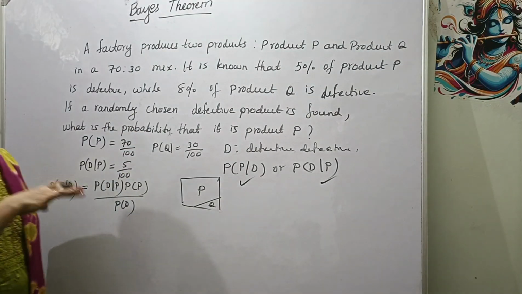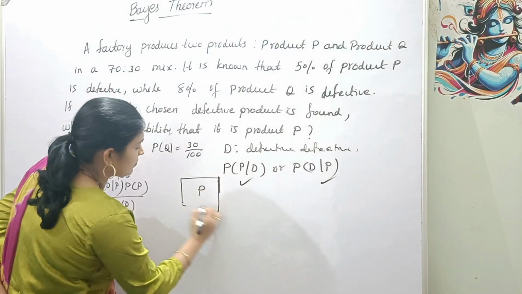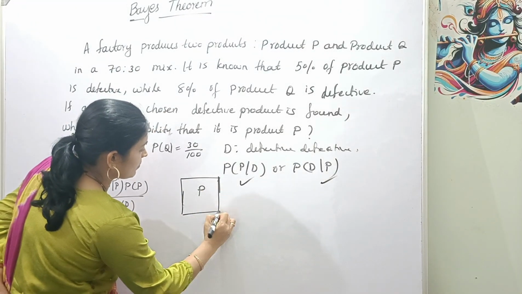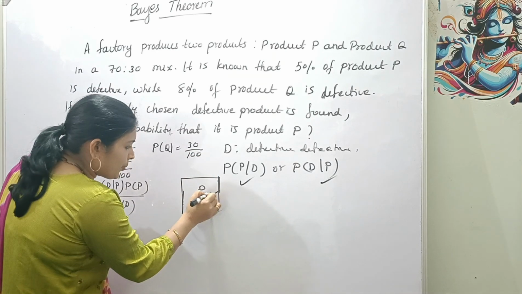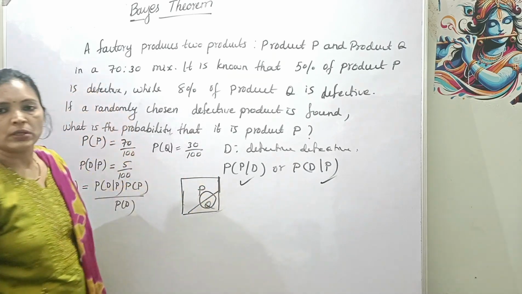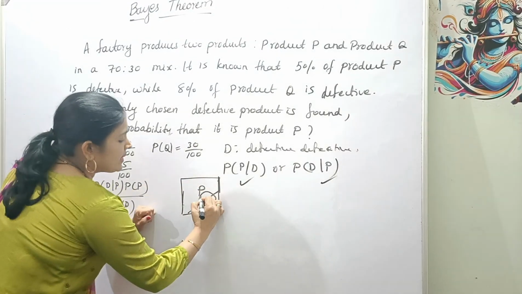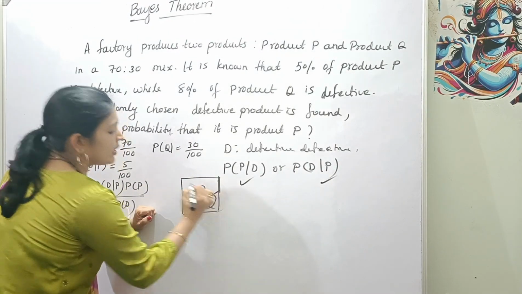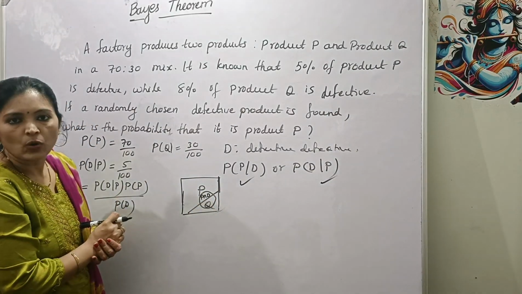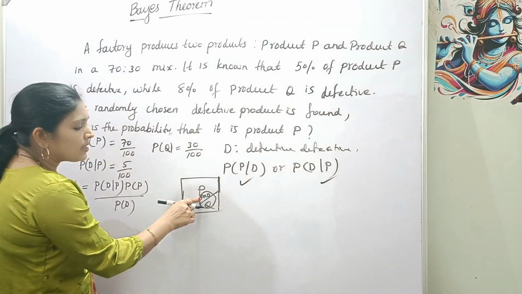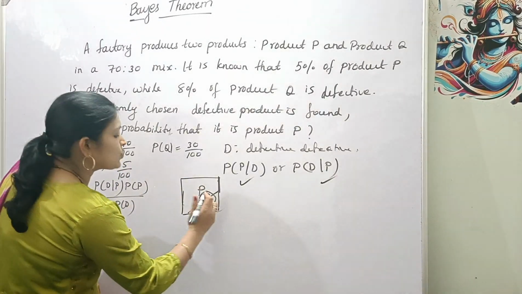Defective products can be P and Q. Obviously, we can write this as P intersection D, the defective products from P. And what about this one?